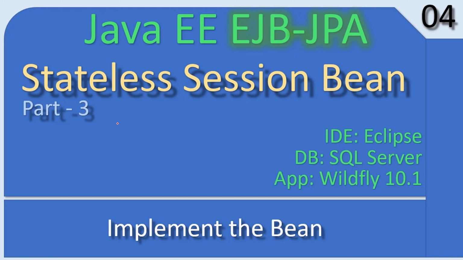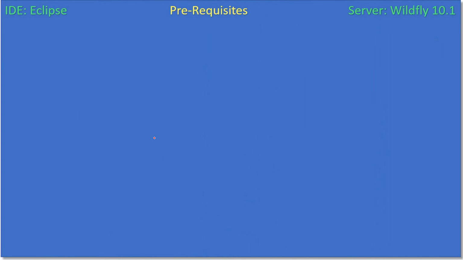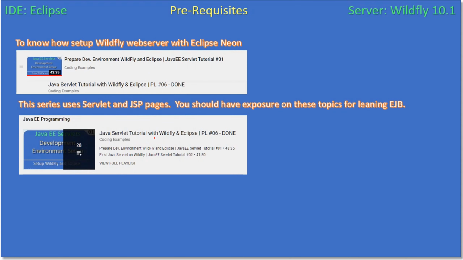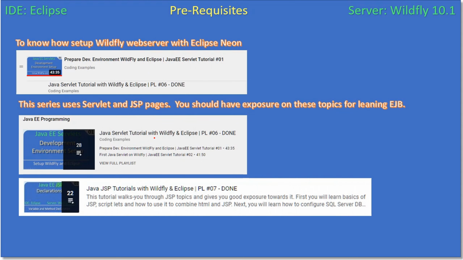So here we are going to learn about stateless session bean by implementing it with a simple single function. So here are the prerequisites. If you want to know how to set up Wildfly and Eclipse, watch this specific video, tutorial 01 on playlist 06.